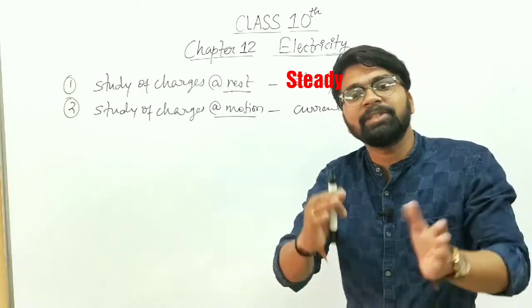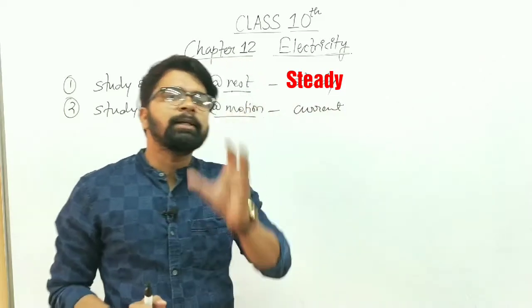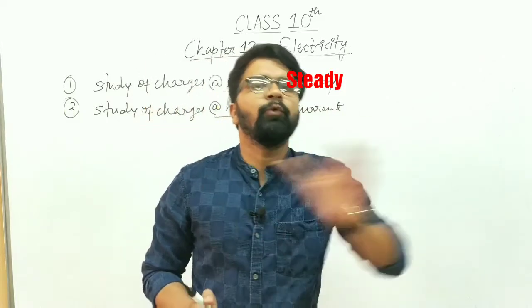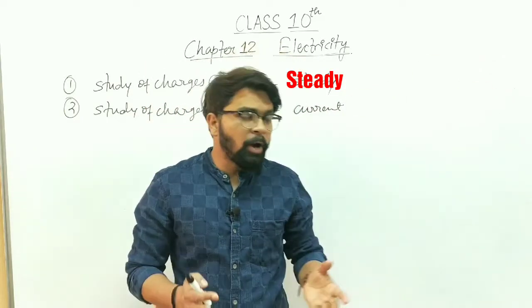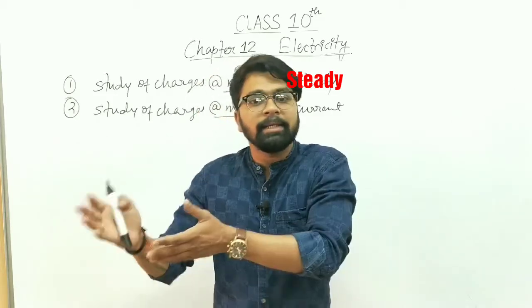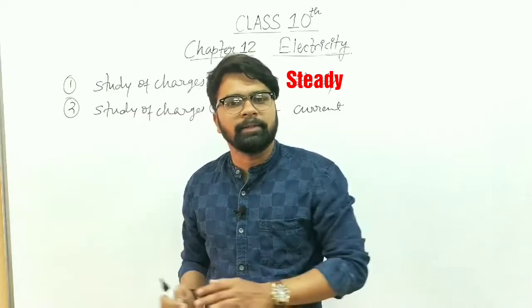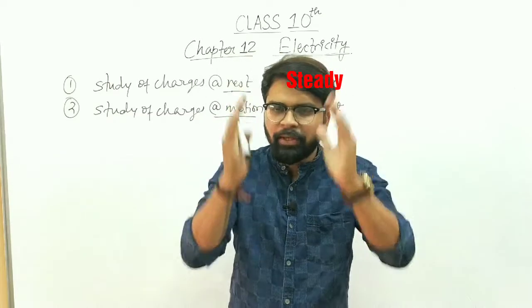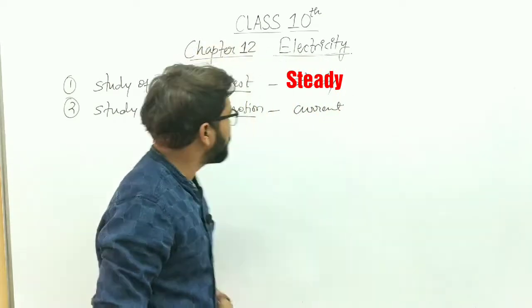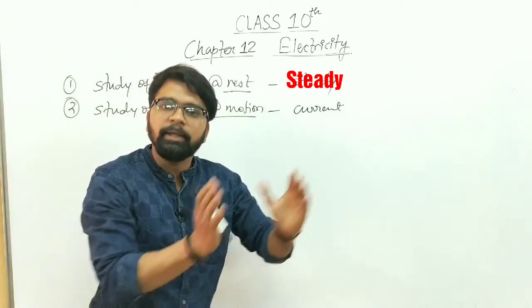If I say a conductor is the best way for charges to flow, still there are liquids, solids and gases. In other ways we can flow current too. But in 10th class we are going to focus only on studying the motion of charges in conductors.